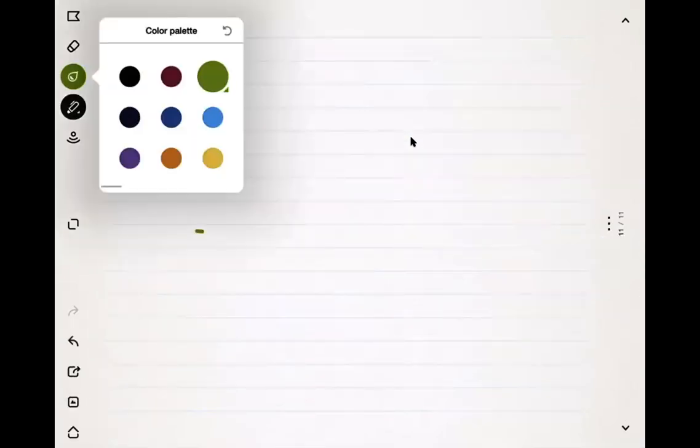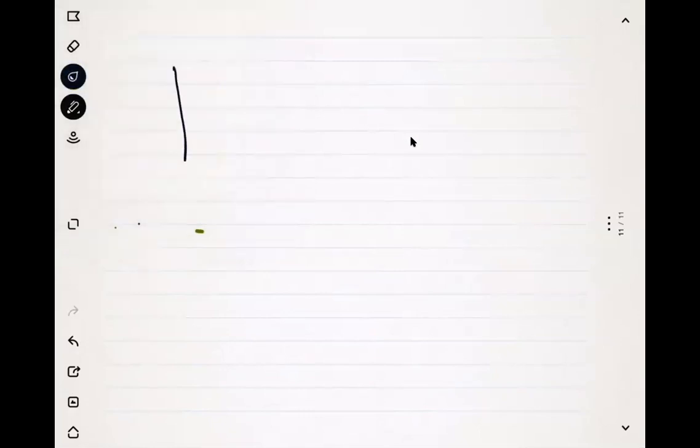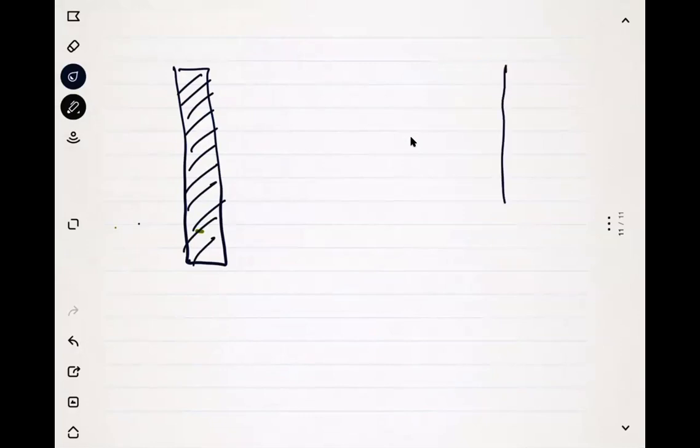One other example for the calculation of moment, for example, you have this wall on the left side and there was another wall.